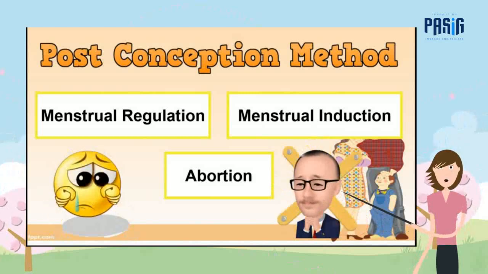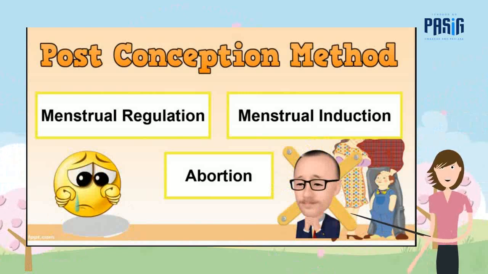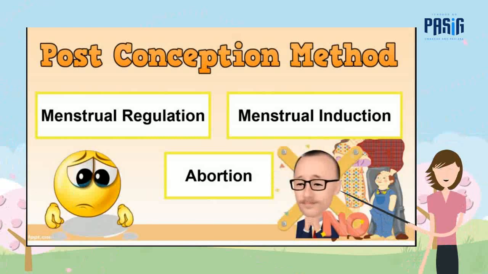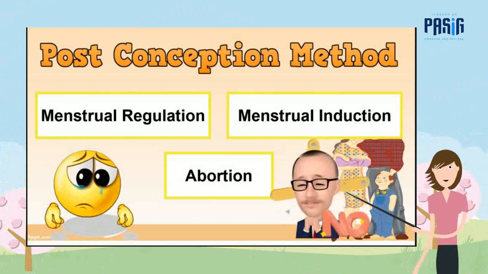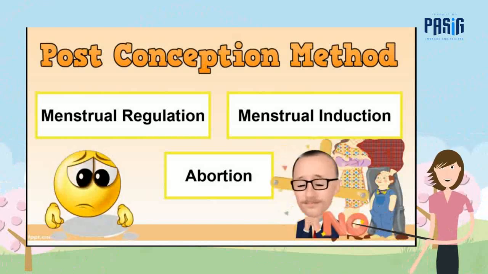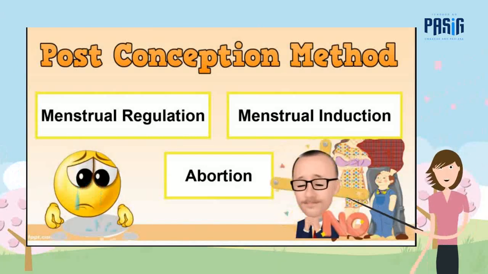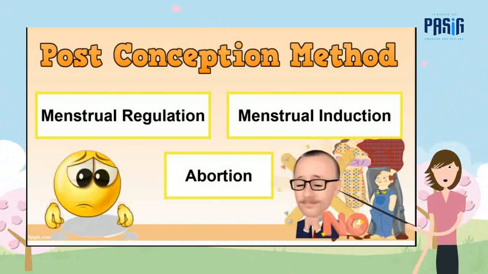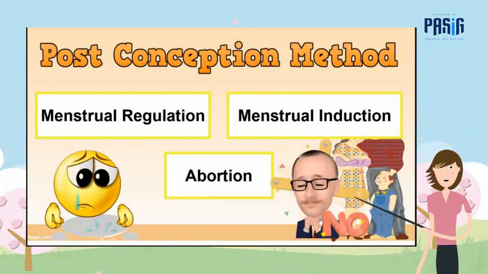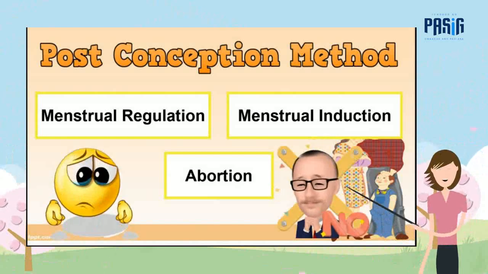Menstrual regulation is done in 14 days of missed period when pregnancy is doubted but it is not confirmed. In this, the uterine contents are evacuated. Next is the menstrual induction. This is done within a few days of missed period. This induces continuous contraction of the uterus lasting for 7 minutes, and it is followed by a cyclic contraction which continues for the next 3 to 4 hours.